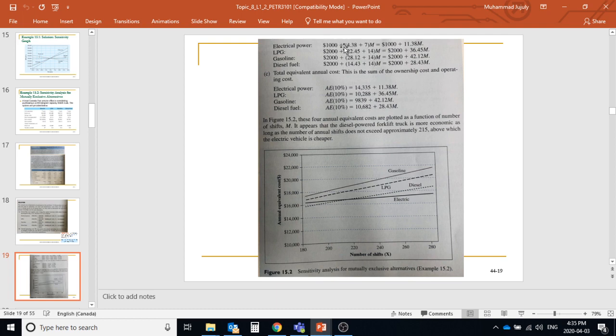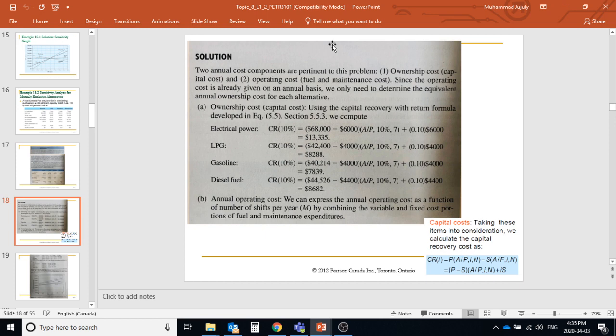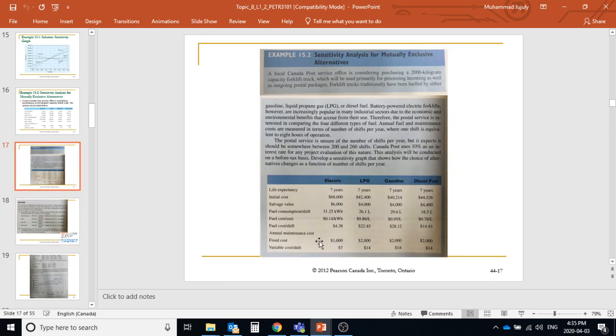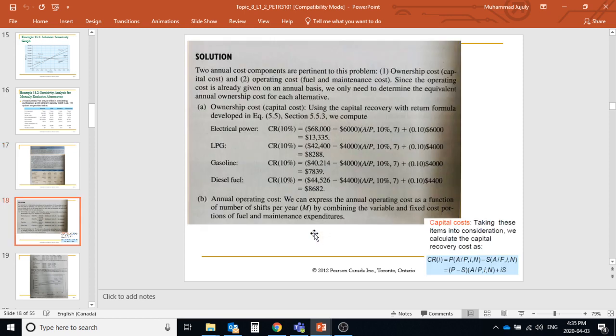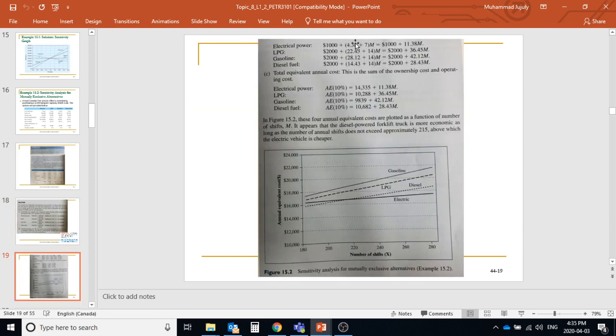This is the fixed cost of $1,000, the annual fixed maintenance cost, plus the fuel cost plus the variable cost times the number of shifts. So what we got: 1000 plus 11.38 M for electric power. For LPG, 2000 plus 14 plus 22.45, that is 36.45 M. For diesel we have another equation. So we have 4 sets of equations.